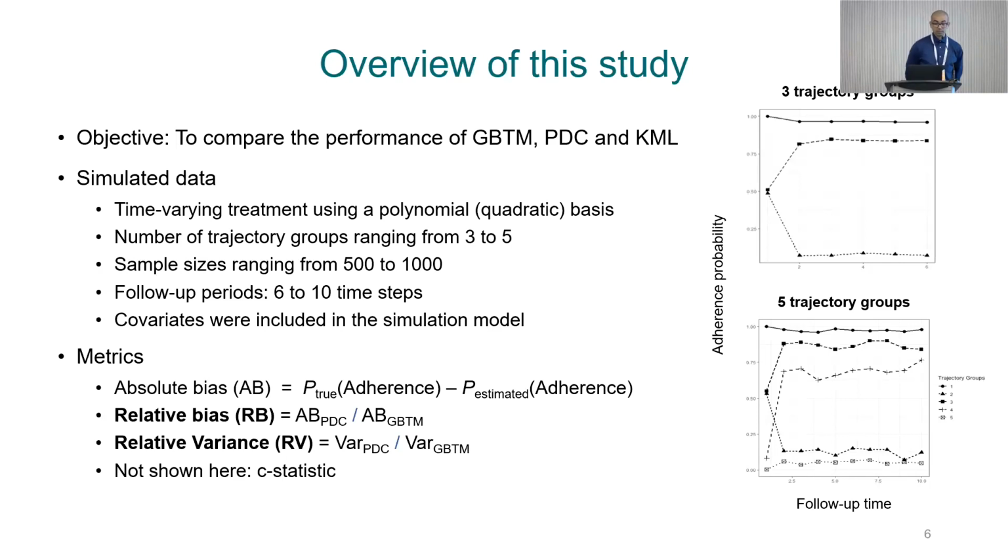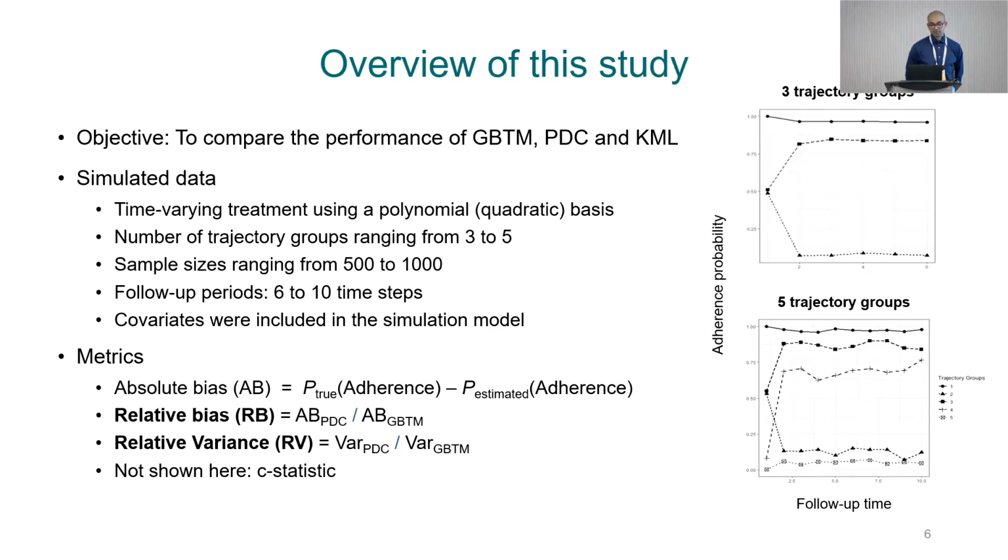And so essentially, we compared the performance, as I mentioned, of GBTM, PDC, and KML using the metrics at the bottom. So we looked at absolute bias, which is just the difference between the true adherence minus the estimated adherence. And then to compare different models, we looked at relative bias.